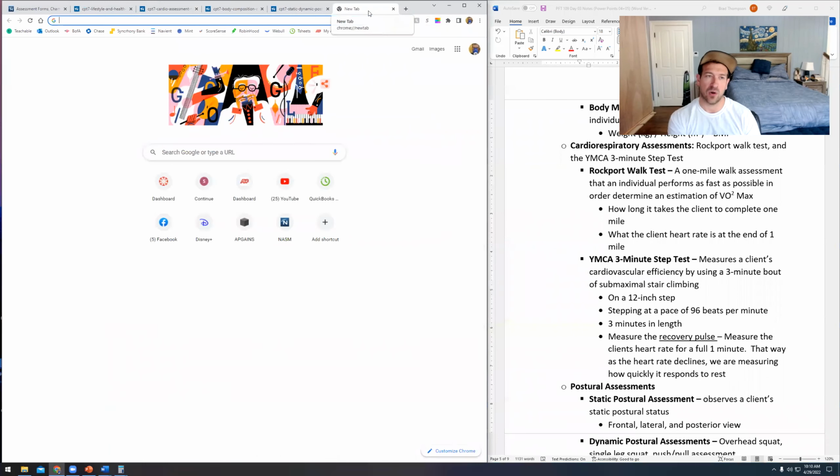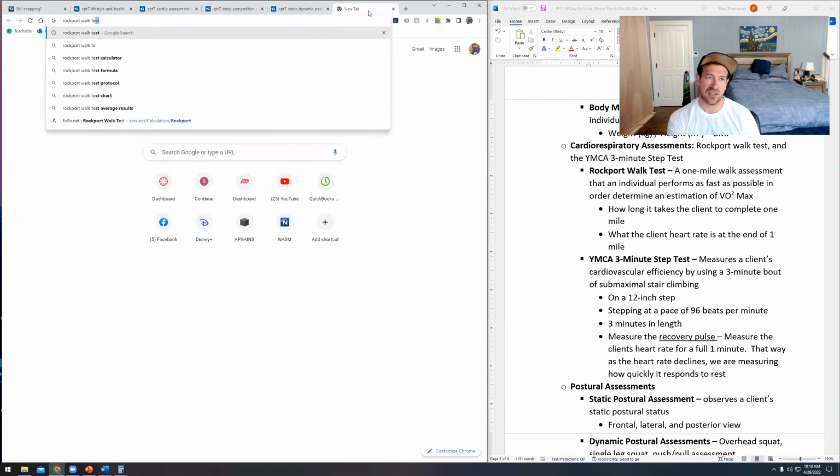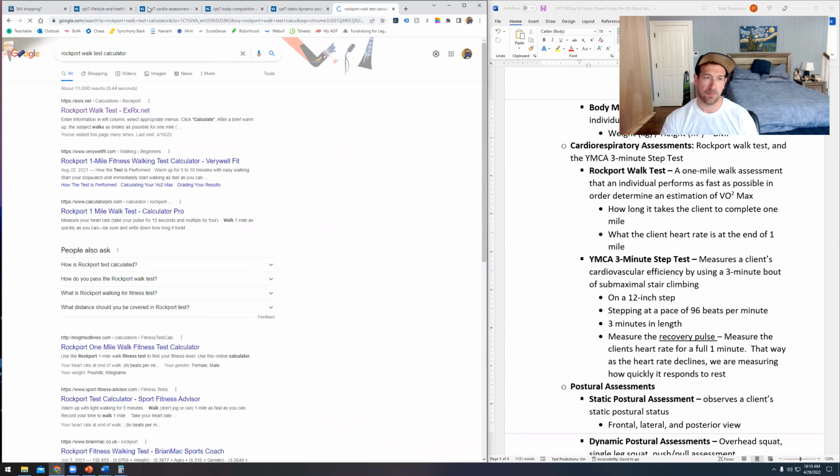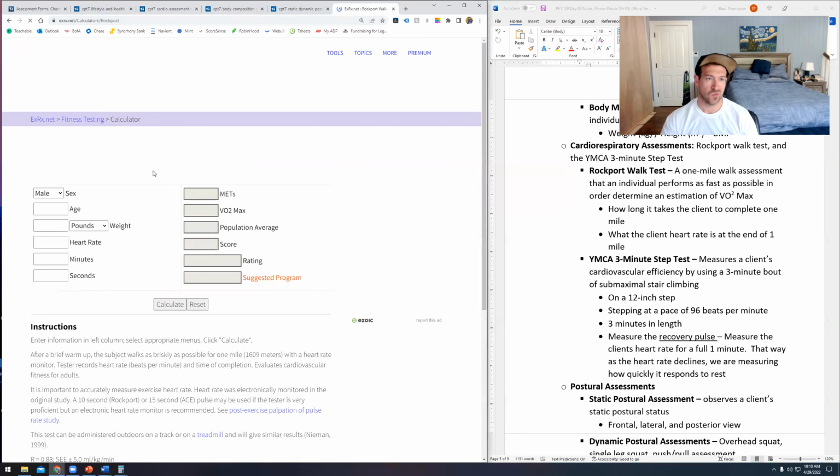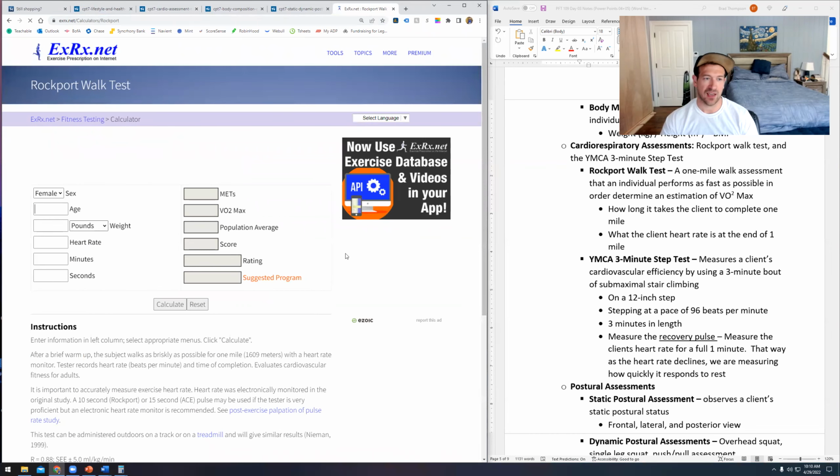So if I go to a Rockport walk test calculator and punch in all this information, let's say my client is female, 65 years old, 190 pounds, and their heart rate at the end of 1 mile was, let's say 130, and it took us 15 minutes and 12 seconds to complete.